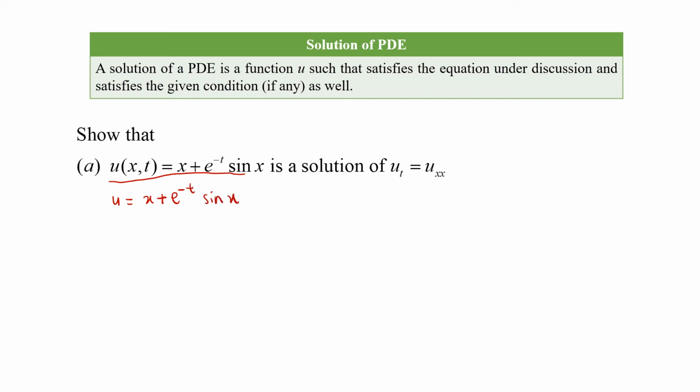To know whether this function is a solution of ut equals uxx, you have to substitute the derivatives of u into this equation. First, you find the derivative of u with respect to t, where you differentiate this function with respect to t.